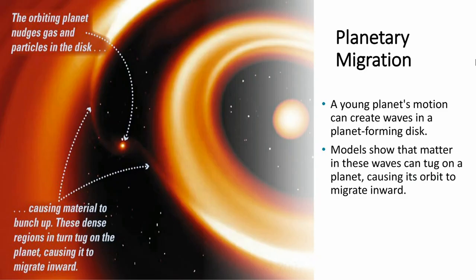So one of the ways that can happen, if you have your protoplanet forming here, the mass of this planet can basically create a ring of material that won't be able to coalesce into a planet.